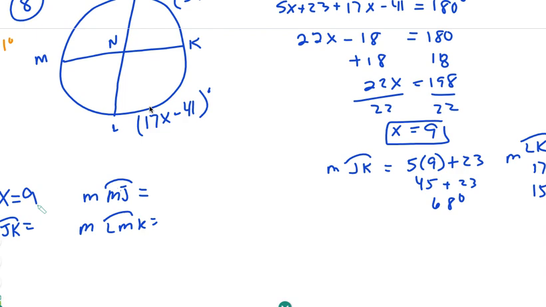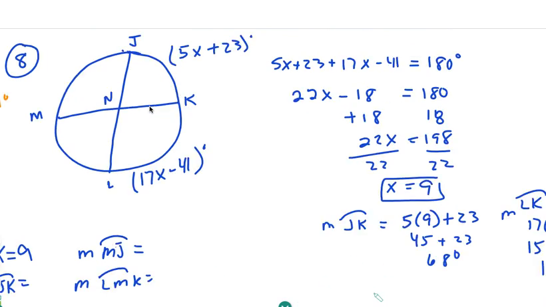let's see, JK, well, let's fill in what we have found so far. So we know JK is 68 degrees, and we know LK is 112 degrees. These are going to be vertical angles, which is going to make this arc 112 degrees.